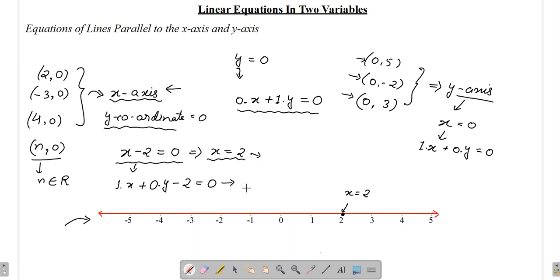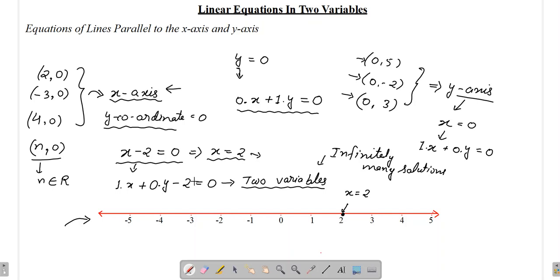This is how we write it in the form of two variables. And now, since it has become a linear equation in two variables, it will have infinitely many solutions.